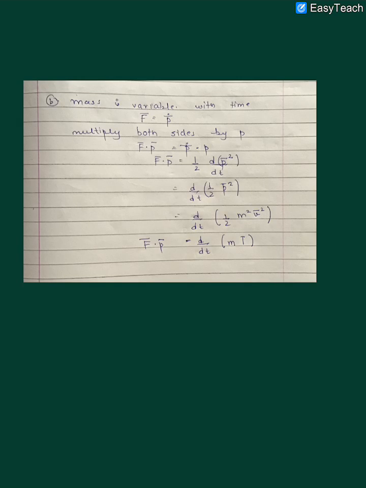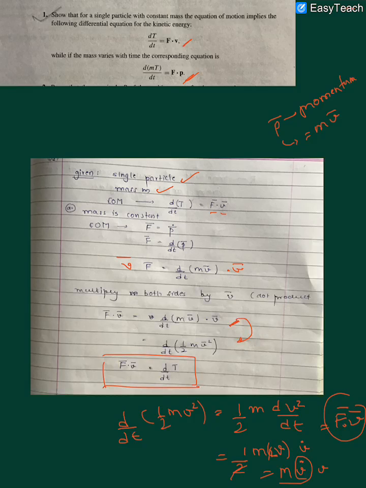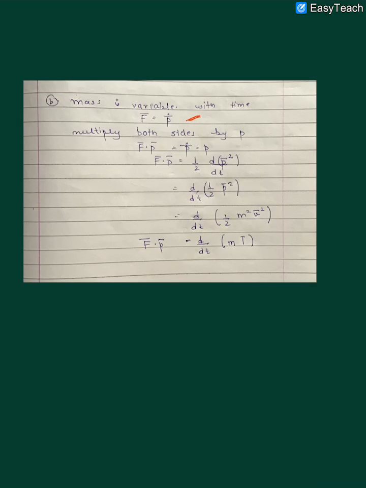We'll once again use Newton's law to get the very basic equation of motion, and this time, whereas over here we multiplied with the v vector on both sides, we'll multiply both sides by the p vector, that is the momentum vector.